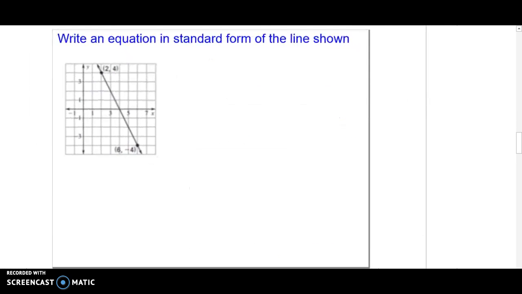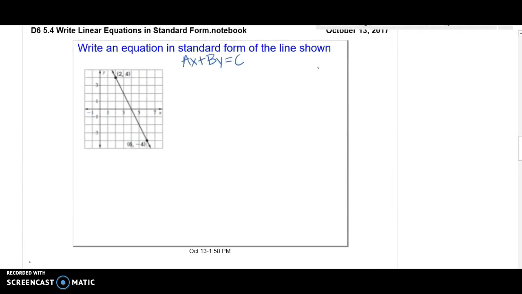So now, if they give you a graph, could you write it in standard form? Yes, absolutely could. So I want you to ask yourself, do A, B, and C mean anything in terms of the problem? Well, no, they don't.